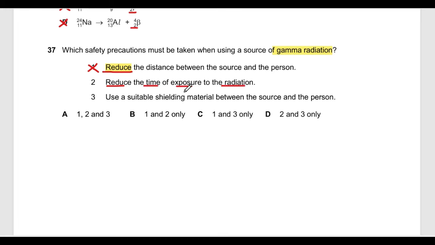Yes, if you reduce the time, less radiation is able to get into your body. 3 says use a suitable shielding material. Yes, shielding material will block gamma radiation, so it will help. So options 2 and 3 are correct, but 1 is totally wrong. That means option D.